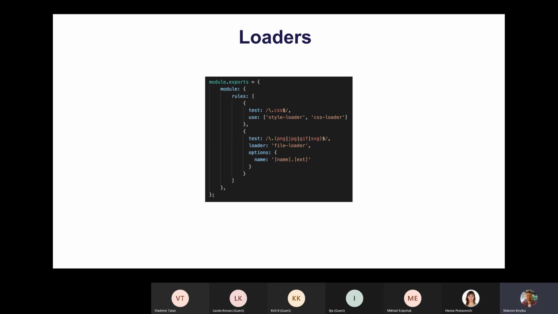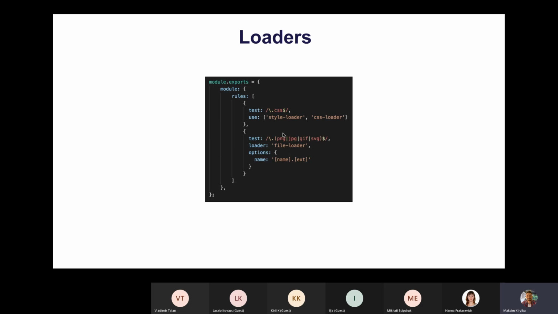At the high level, loaders have two properties in the Webpack configuration. Test property identifies which file or files should be transformed. Here we usually use regular expressions. And use property, which indicates which loader should be used to do this transforming.